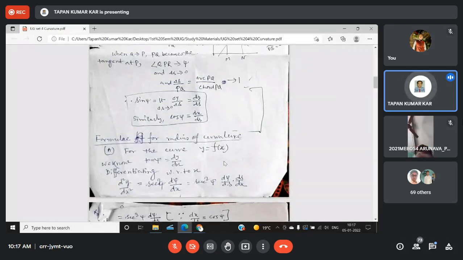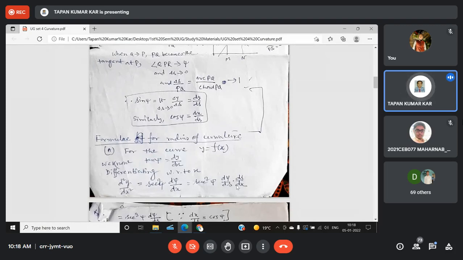Tan psi equals, you know, dy dx. Then d square y dx square equals sec square psi d psi dx. Sec square psi d psi ds, ds dx, d psi dx. It is written in this way: d psi ds times ds dx.